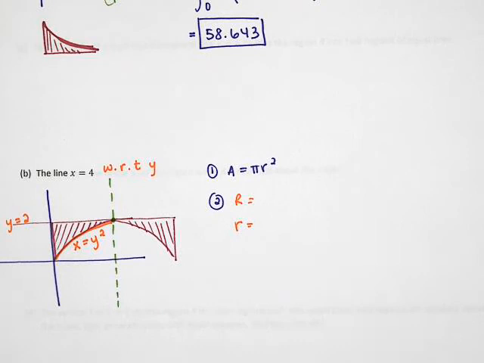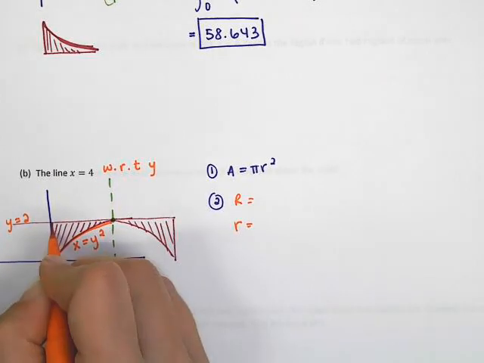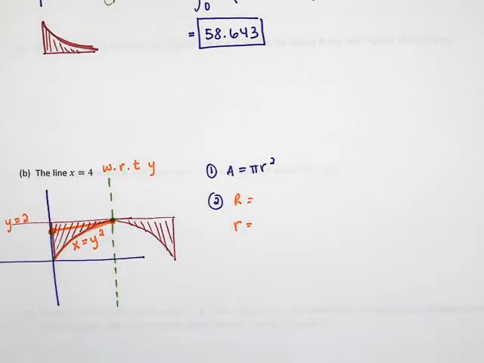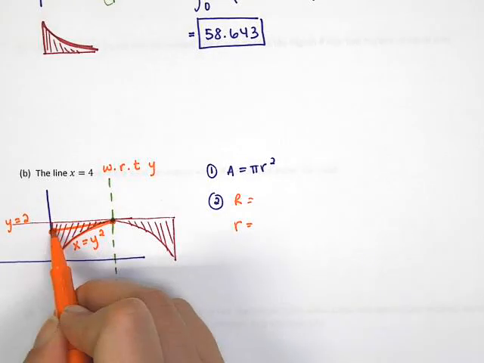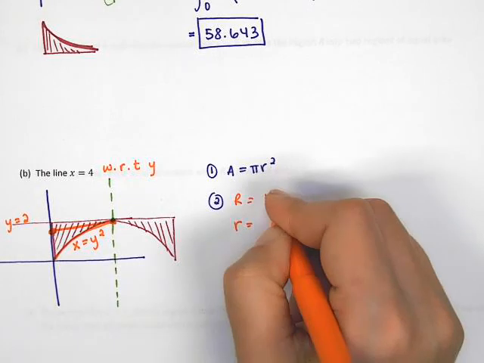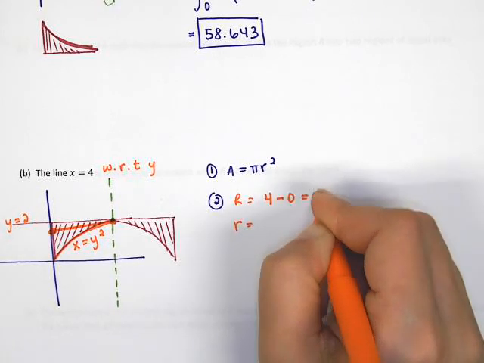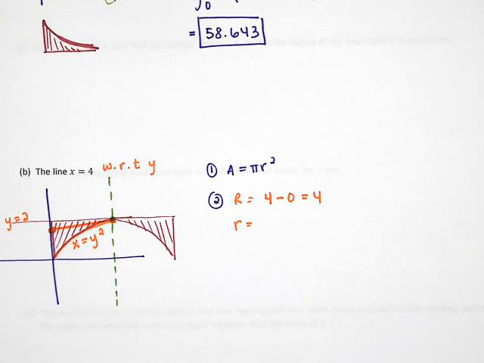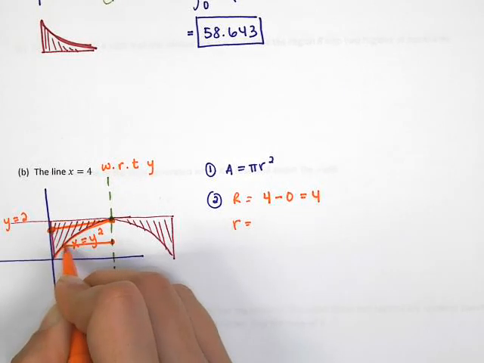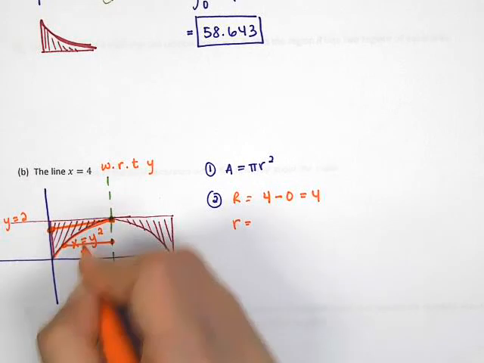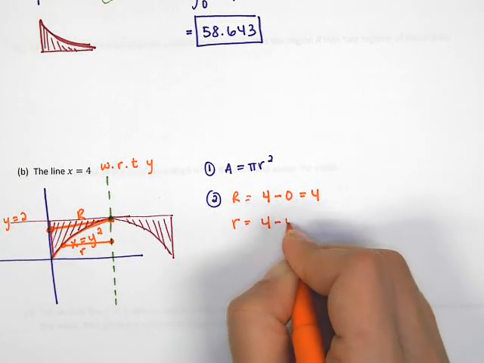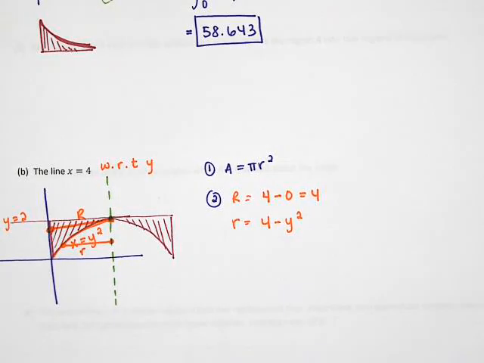So that big radius would be the outer edge connecting to the axis. Now, when I do right minus left here, the axis is the right. So I would have 4 minus 0, which is 4. Little r would be the right minus left, but to the inner edge. So I would have 4 minus y squared as little r.